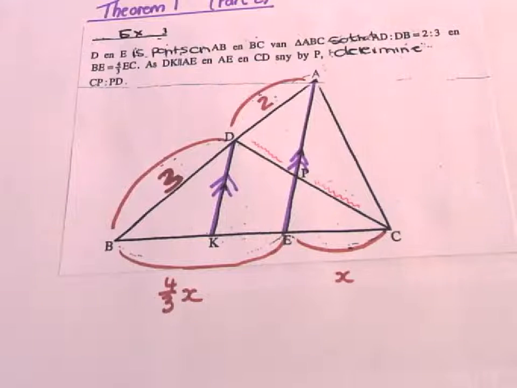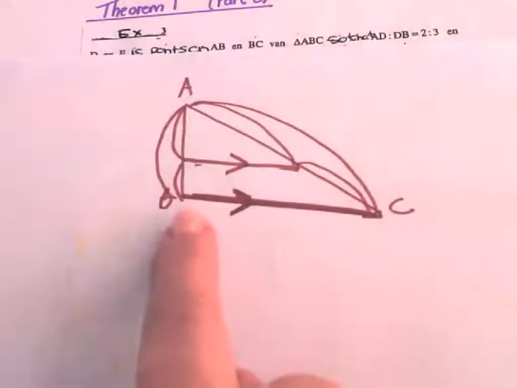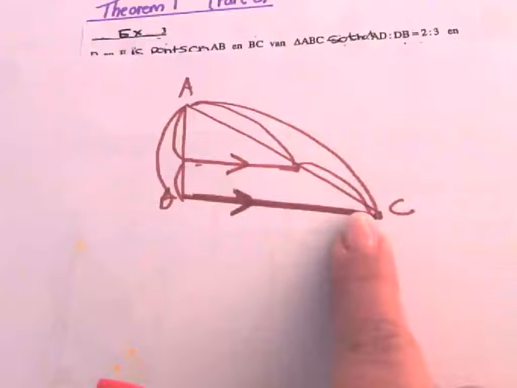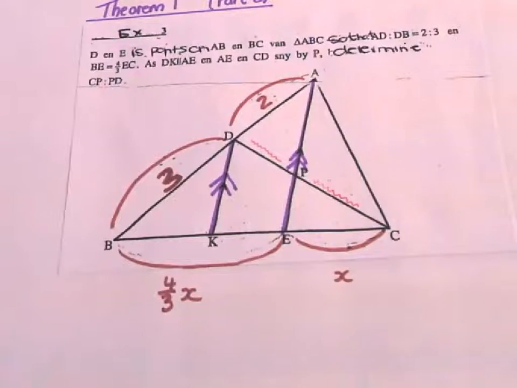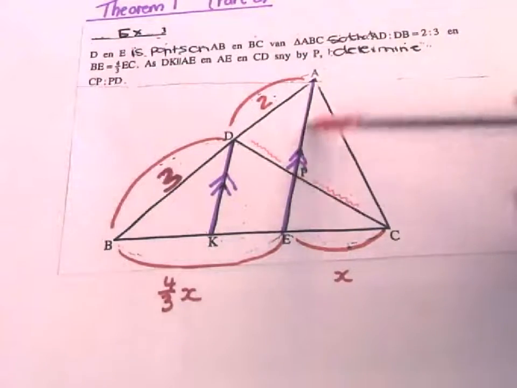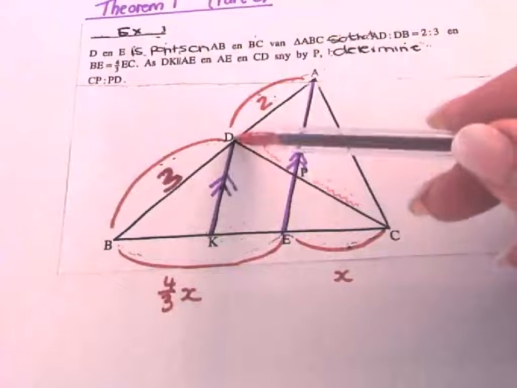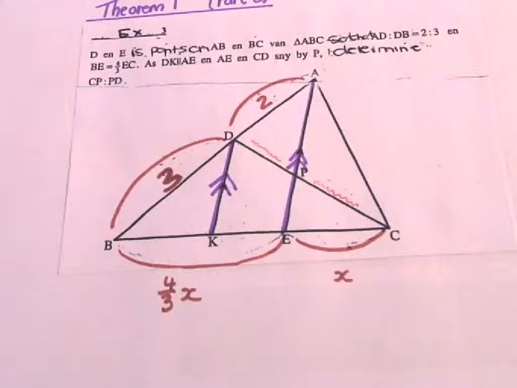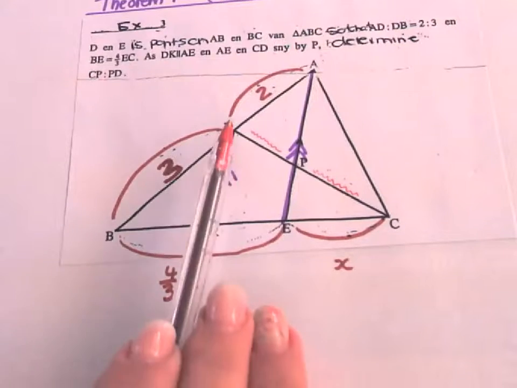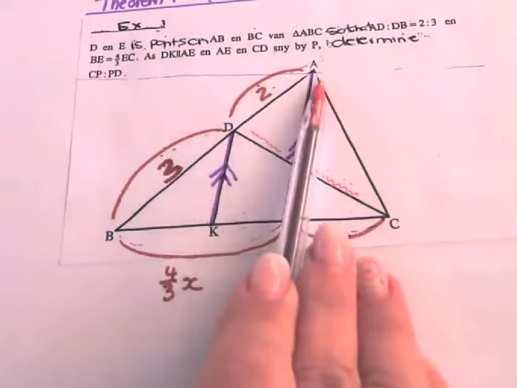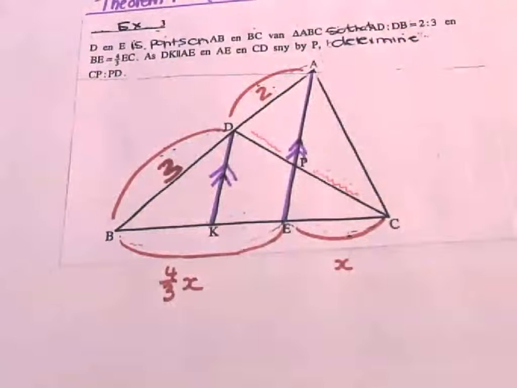Now remember the tip I gave you here? One side of the parallel lines is one side of a triangle. So if this and this are parallel lines, we should look for triangles where this line and that line form a side of a triangle. Okay, what do you think?